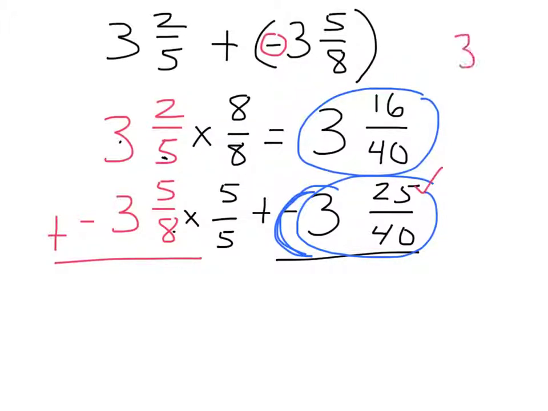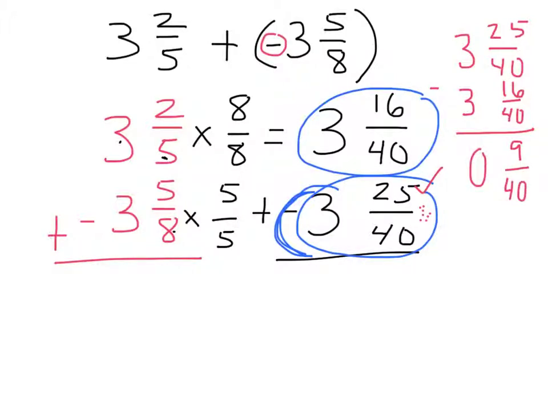So we're going to do 3 25/40 minus 3 16/40, because this one's the big dog down here. 25/40 is bigger than 16/40. So when I subtract these, 25 minus 16 is 9 over 40. 3 minus 3 is 0.